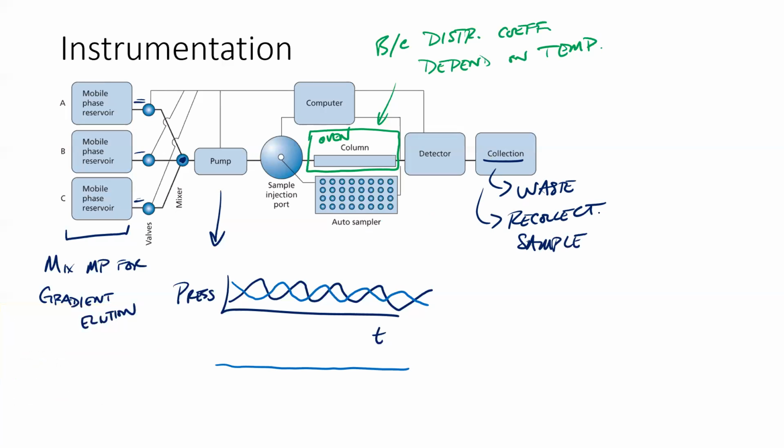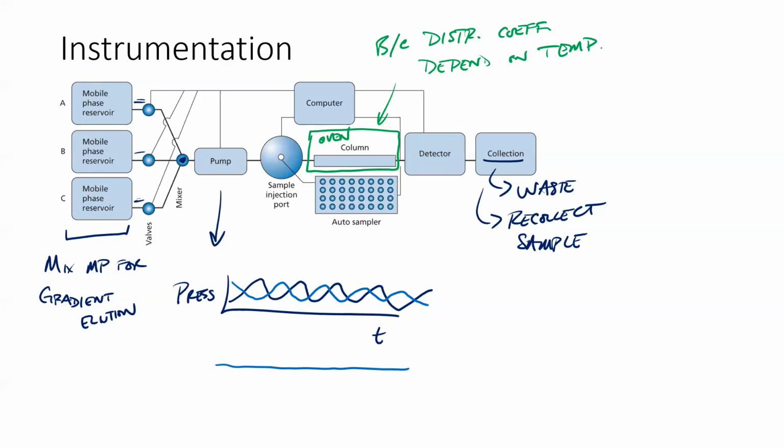And those of you that did columns this summer, you know that you could collect fractions, right? Where you inject a few microliters, but you're going to get off a few milliliters. Most of that's going to be mobile phase, but if you had lots of components, they'd be separated out, and you'd collect, say, a quarter of a milliliter in each sample.